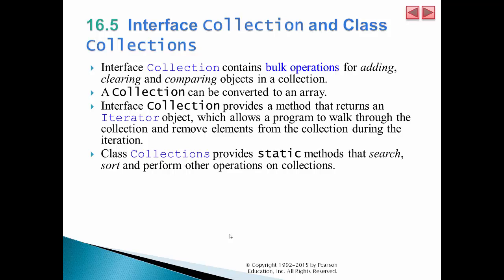Okay, so collection also provides a method that returns a particular type of object called an iterator. We'll talk about the iterator when we come to that point, but you can go and find this iterator design pattern as well. It is, in a broader sense, an element of the collection, like an element of, let's say, a linked list.